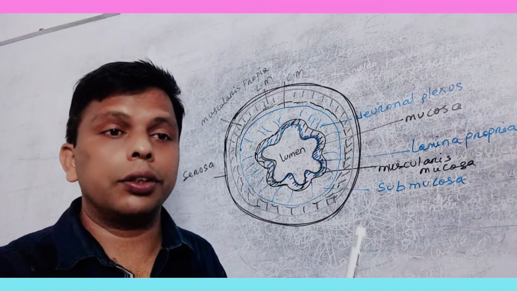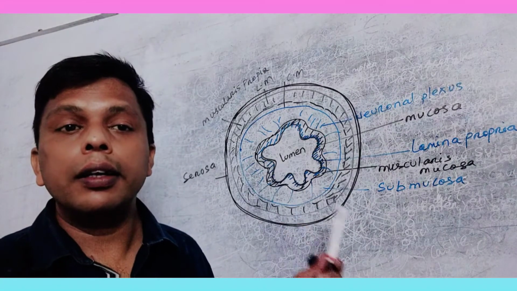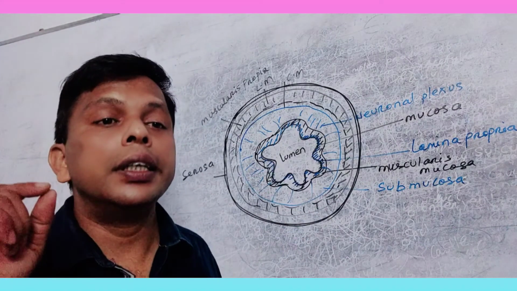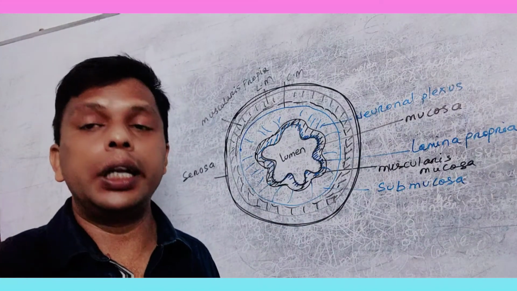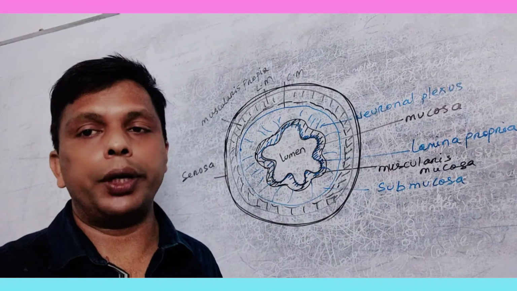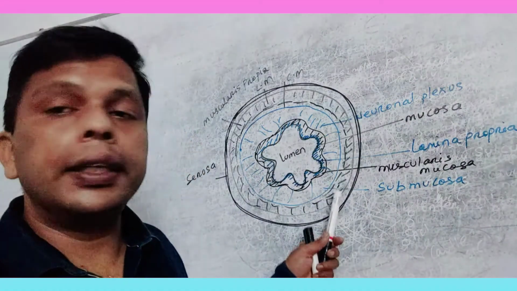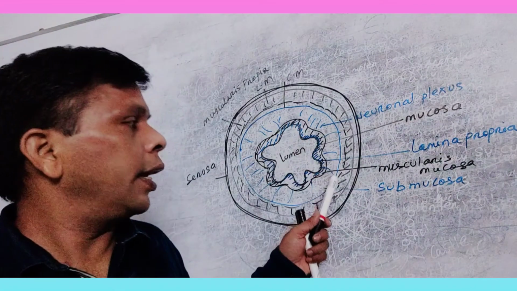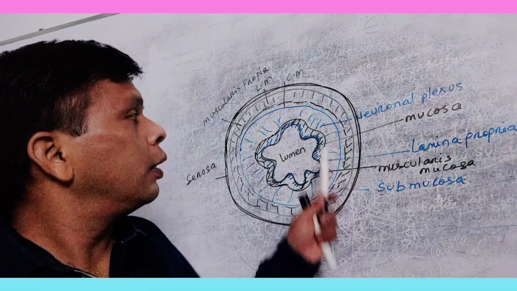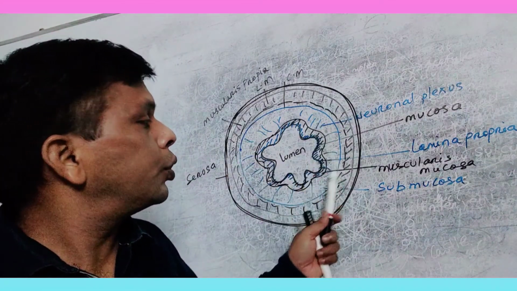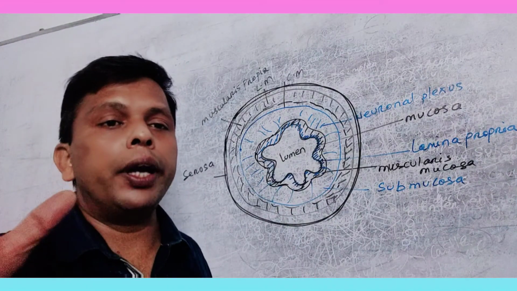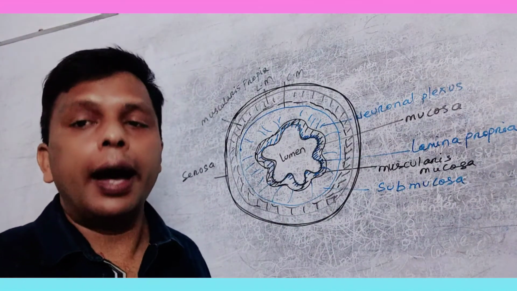The layer produces serous fluid, which reduces friction with other organs inside the body cavity. Clear? So this one is serosa, then muscularis propria with circular and longitudinal muscle, then submucosa and mucosa. These are the different histological layers of the alimentary canal.